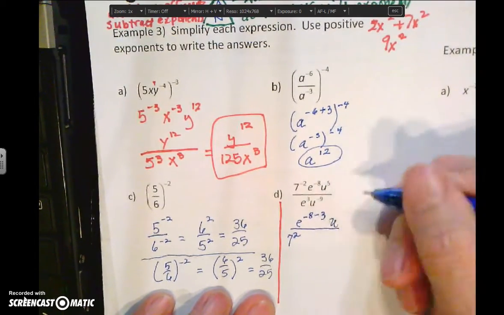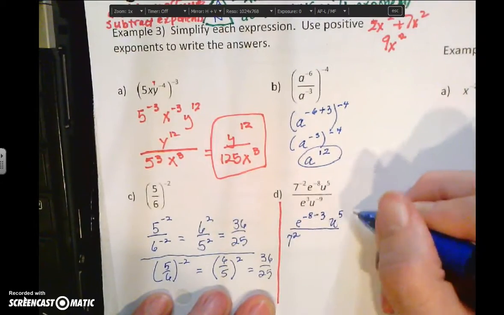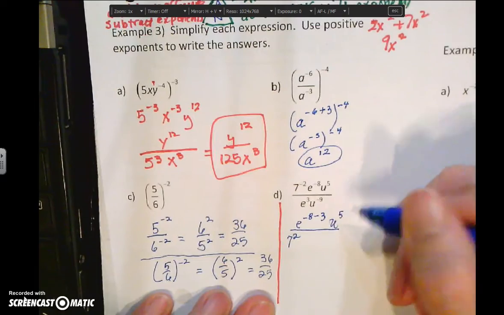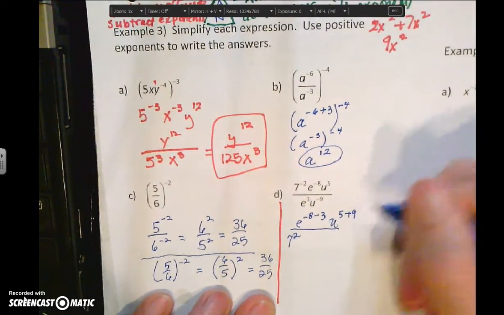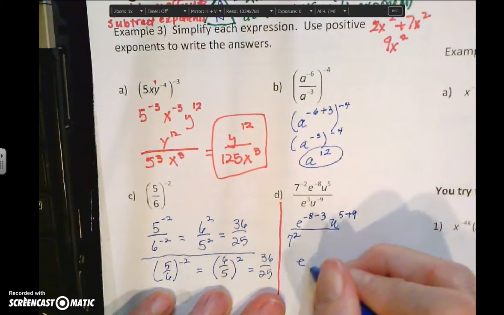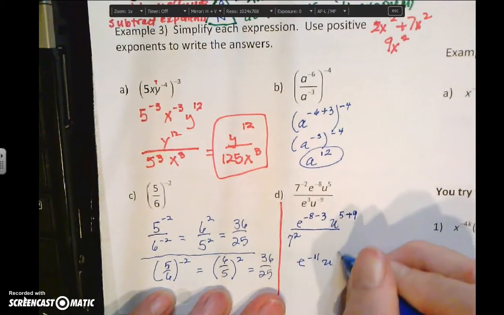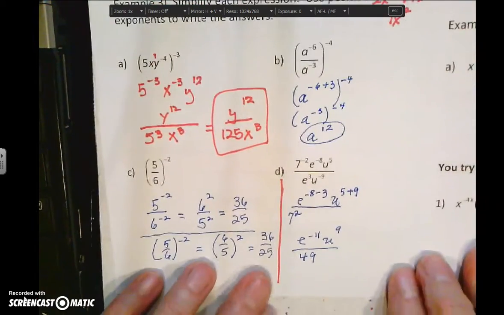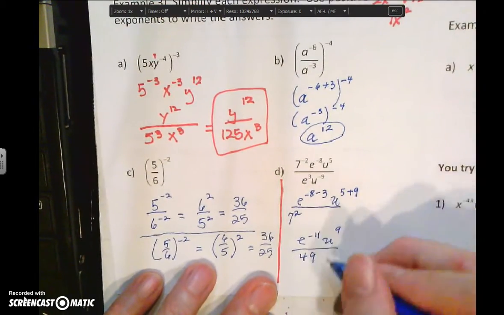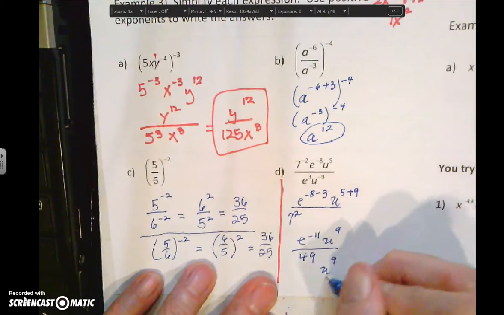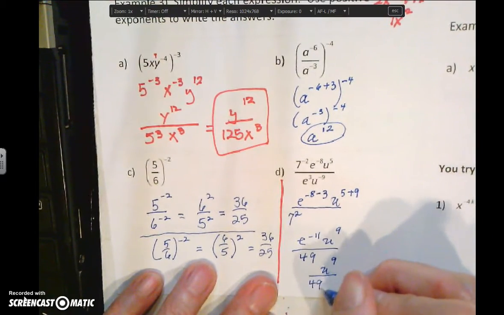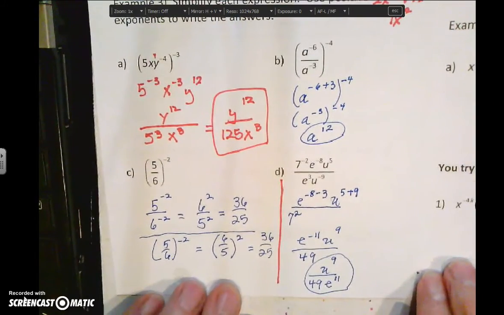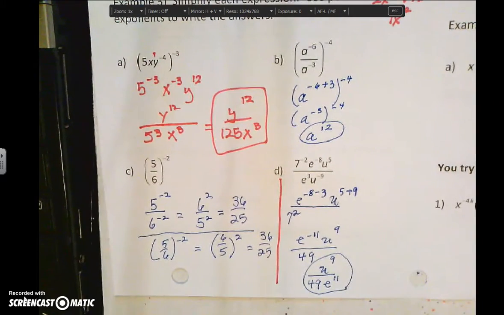And then I've got u to the 5th and then subtract a negative 9. So minus a minus gives me plus 9. So now I have e to the negative 11th, u to the 9th over 49. And then finally, I need to get rid of that negative exponent. So I have u to the 9th divided by 49 e to the positive 11th. And we'll stop the video and pick up on number 3.